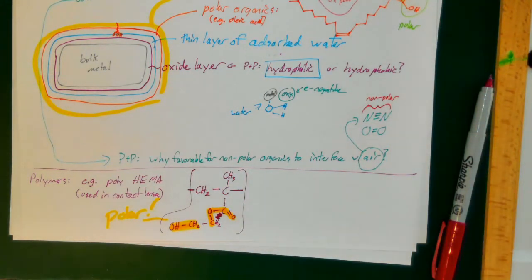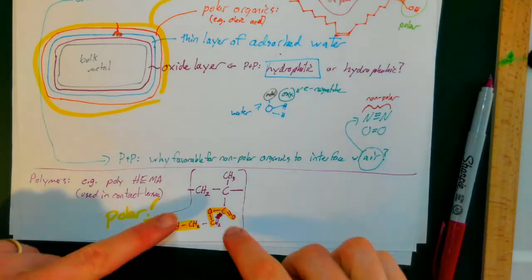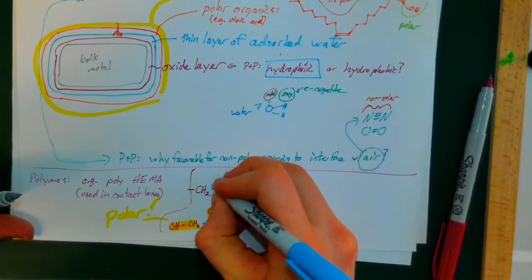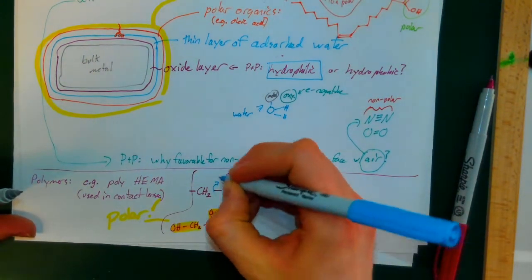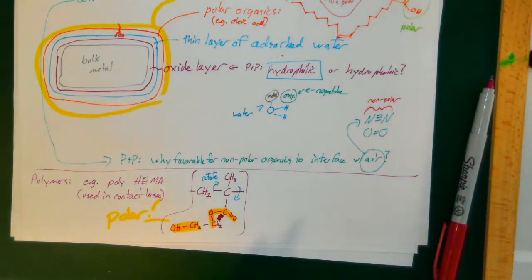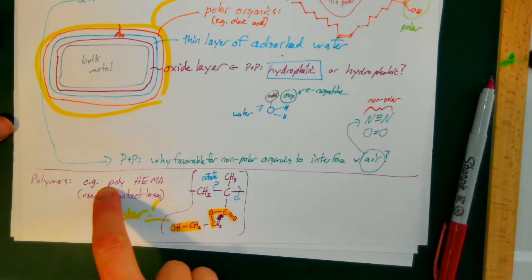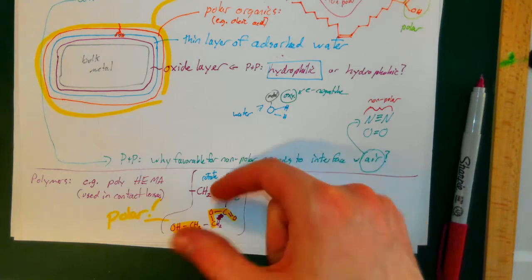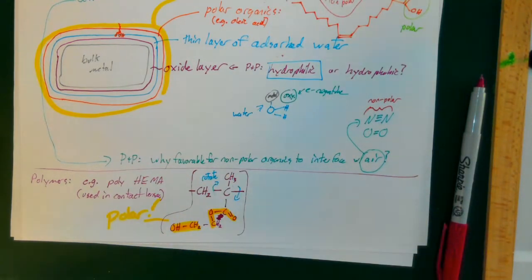So what might that look like? Well, one interesting thing is these carbon-carbon single bonds can rotate. So interestingly enough, if you try to observe the surface properties of polyHEMA, its surface properties actually change depending on what kind of environment it's in.